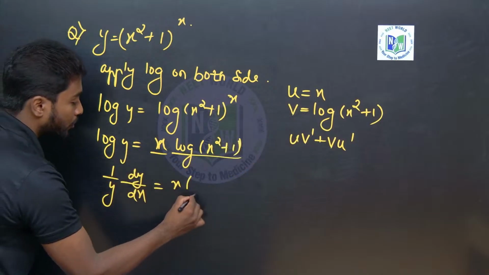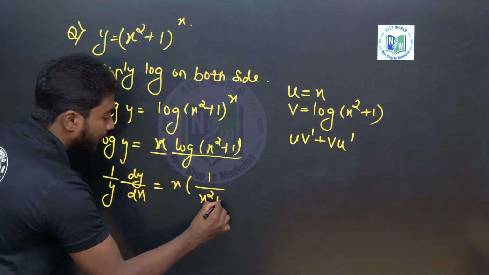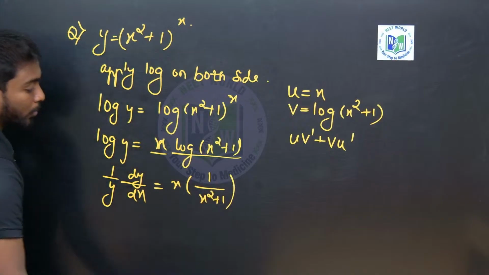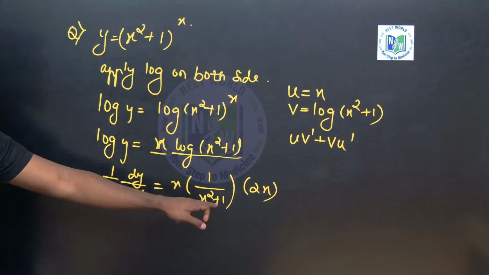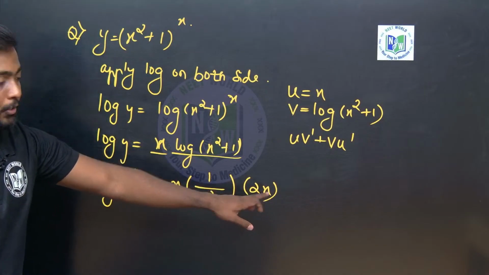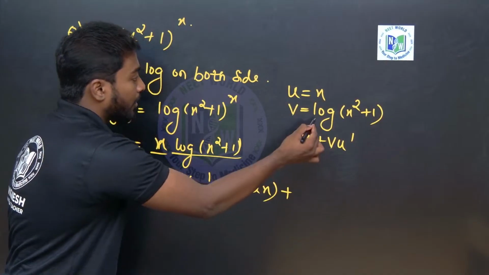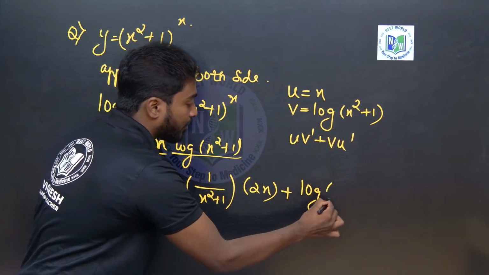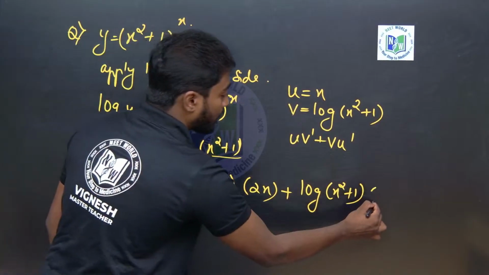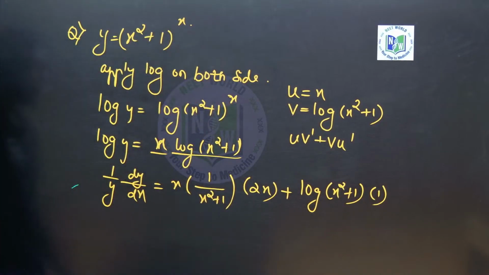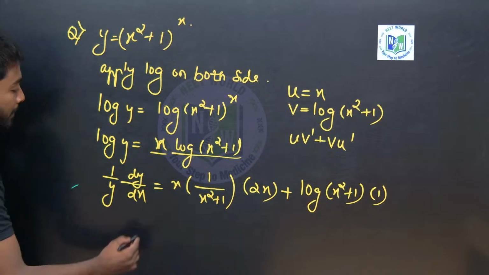That is log, so that is 1 by (x square plus 1). Again differentiation of this one is 2x, plus keep log as it is, that is log (x square plus 1), differentiation of x is 1.